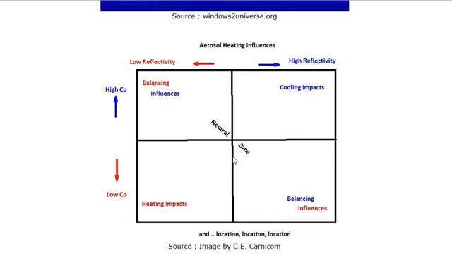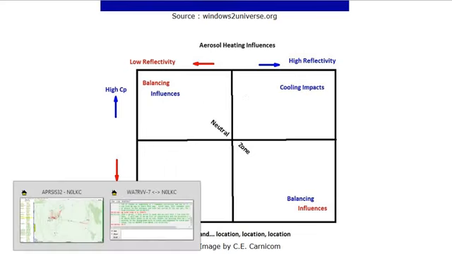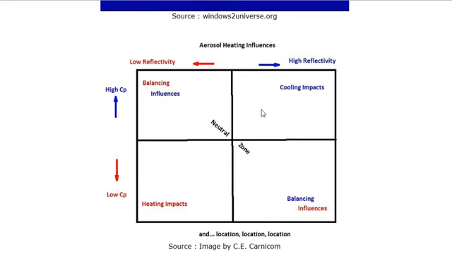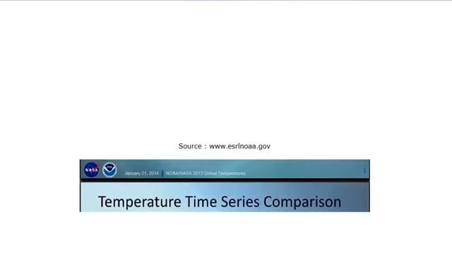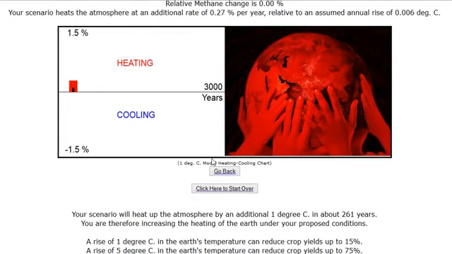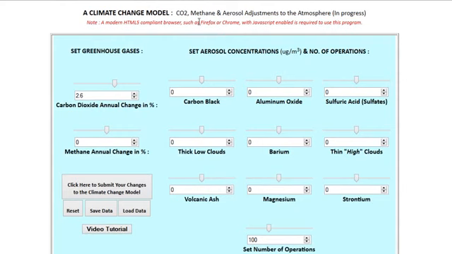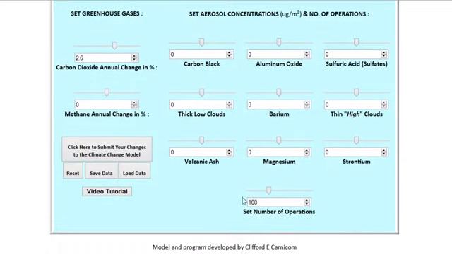Now that we understand the factors that are behind the scenes in terms of impacts and that are driving aerosols, let's go back to the model and let's start playing around with a couple of examples. And today we're going to restrict ourselves just to the right side of the model in terms of exploring aerosol combinations.